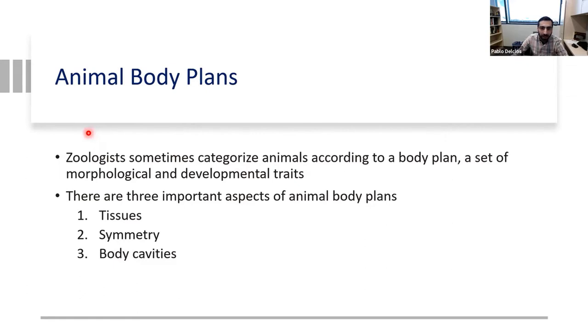Sometimes we can categorize animals according to a body plan, the way it essentially develops. The three ways we see animals broken up within phylogenies are by the types of tissues they have, the type of symmetry they have, which we'll go over in a second, and the type of body cavities that are formed, this protostome versus deuterostome distinction being an example of that.